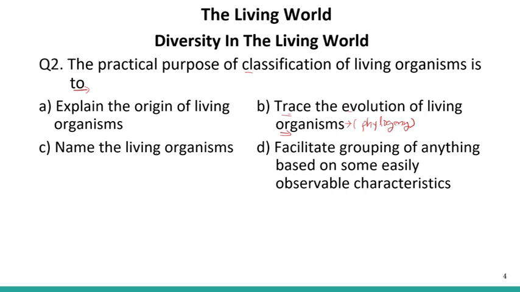Next option is naming the living organism, which is known as nomenclature. And what does classification include? Classification means ordering of the living organism into different categories. This is known as classification.